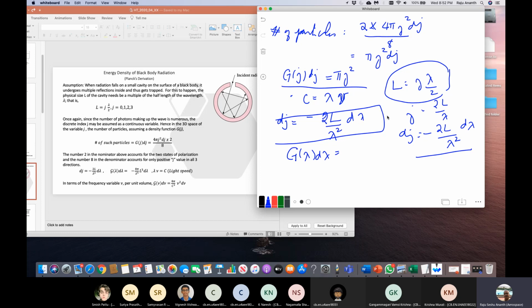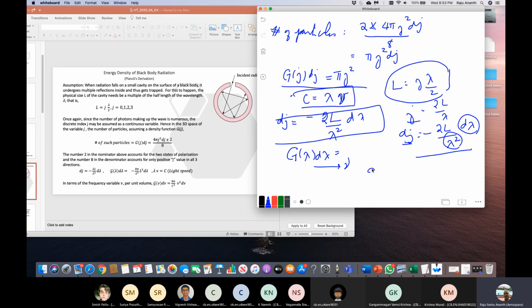So I convert everything into the frequency. First of all, I'm going to take a lambda domain, which is equal to 8 pi. But the important thing is I'm converting everything into a frequency distribution. So let's do that quickly. The j space was converted to the lambda space, and from the lambda space, I can go to nu space using this relationship.